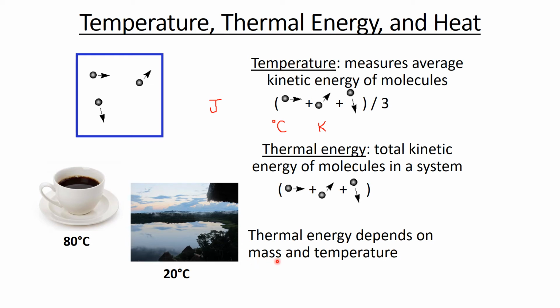Something with a greater mass is going to have a greater thermal energy, even if the temperature might be lower. And we're going to deal with an equation that relates thermal energy, mass, and temperature later on. But think right now that the thermal energy depends on how fast the particles are moving, but also how many particles you have, how much matter is in your sample.